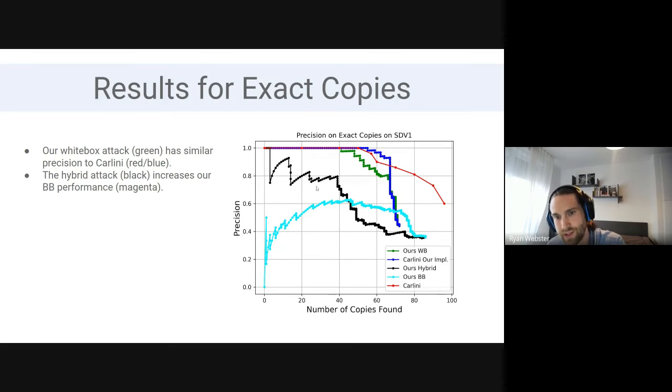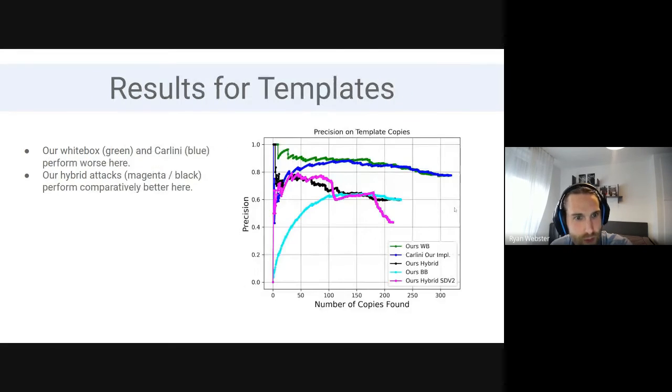Some of this weirdness here is actually just coming from labeling noise. I checked a few days ago, and this point here is actually a copy, so it gives this noise. It's not perfect, but the hybrid attack really improves the precision.